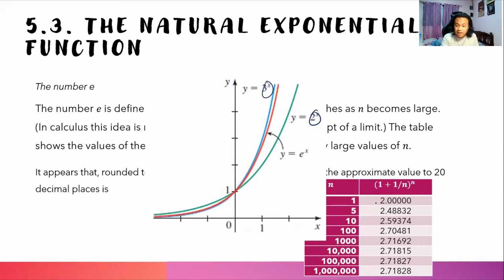Remember, its value at 1 is about 2 and it gets closer to 3. So the graph of e to the x is somewhere between 3 to the x and 2 to the x, but nearer to 3 to the x, because its approximate value is 2.71.